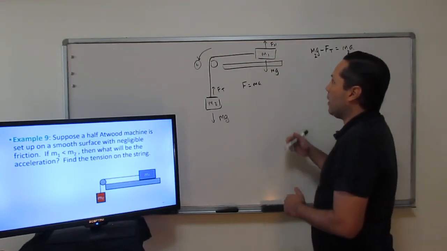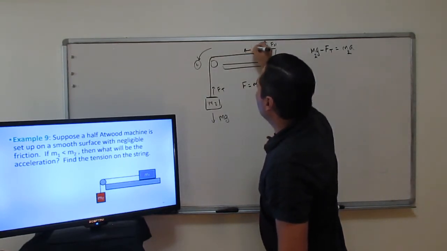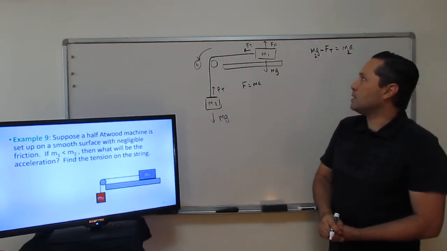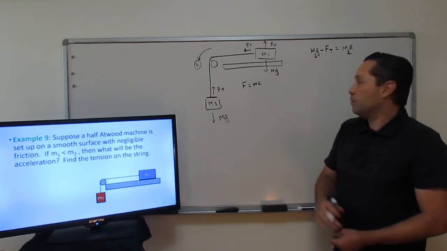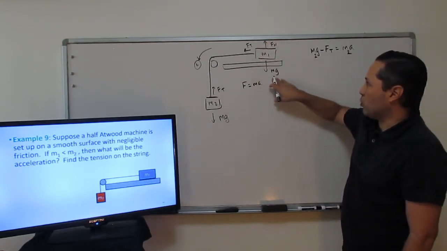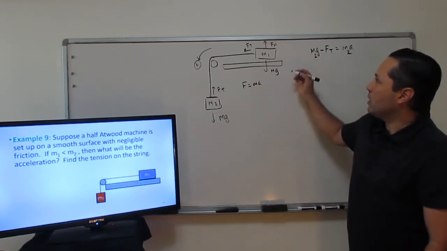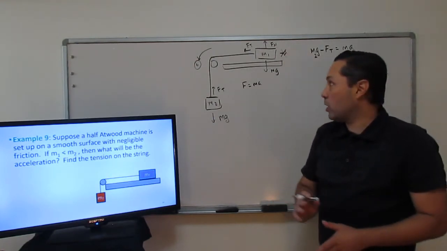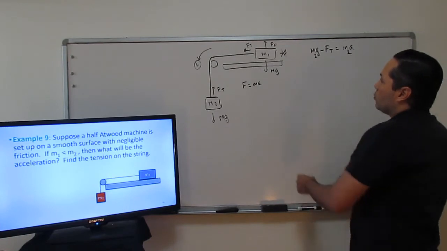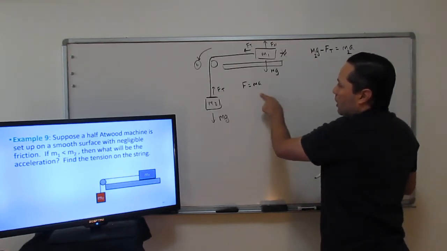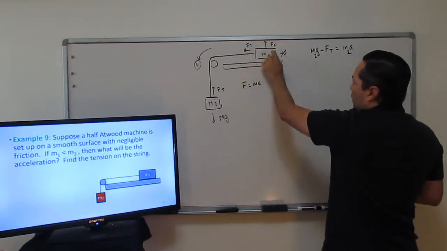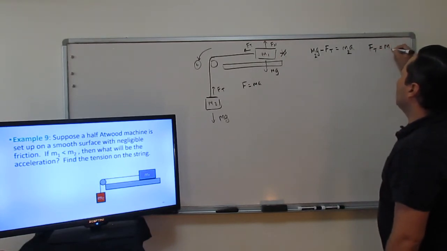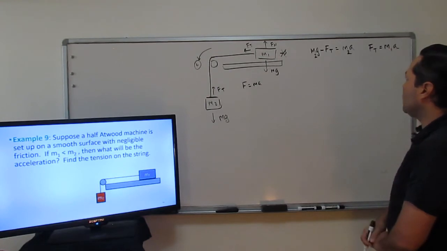The third force is the force of tension, and that's the only force acting on the object after we cancel gravity and normal. There is no friction on this side because it's a frictionless table, so we ignore friction. So Newton's second law for the first object: force tension is equal to the mass of the first object times acceleration.